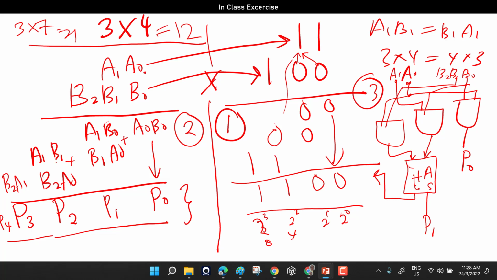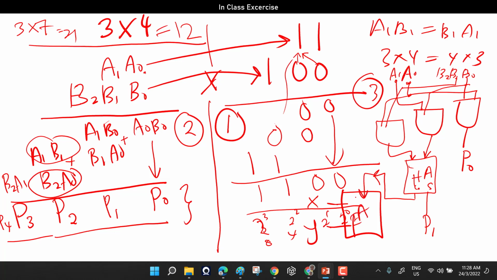Okay, for the third column, there is an element that you need to cater for from this phase, which can come from X, and from this phase, which can come from Y, and you need to cater for this carry in element. If I were in your shoes, instead of using a half adder, I would directly use a full adder, because a full adder has carry in, whereby you can cater for carry in directly. Then this will become your P number 2 from the sum output pin. The carry out will pass to the next stage here.